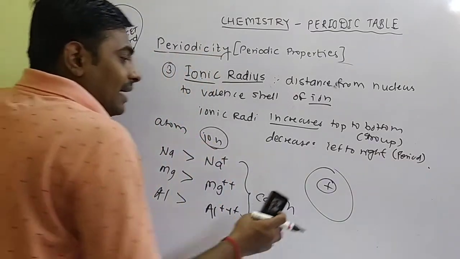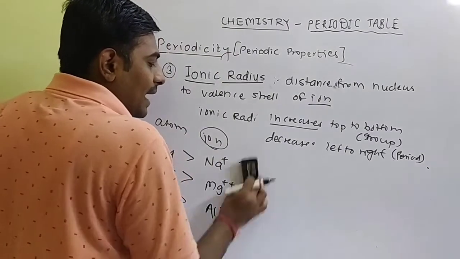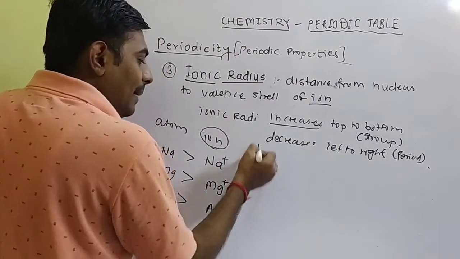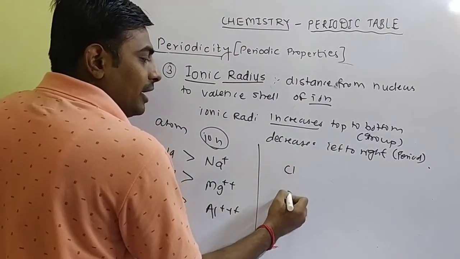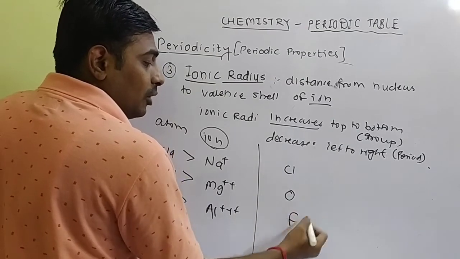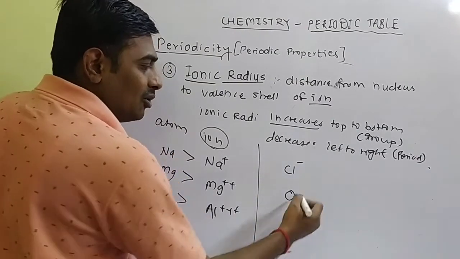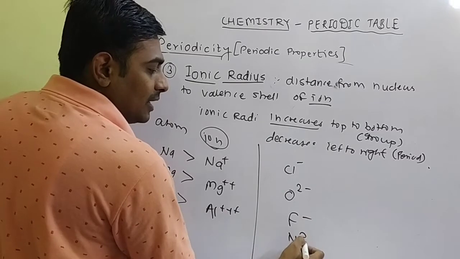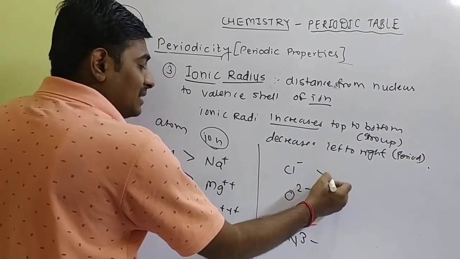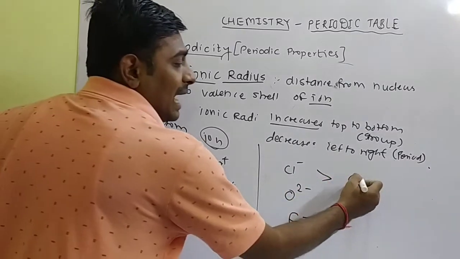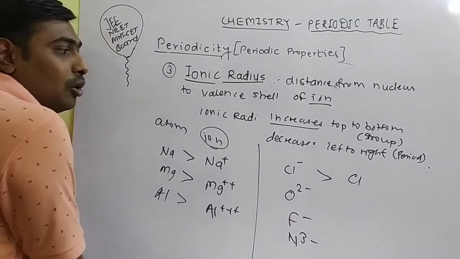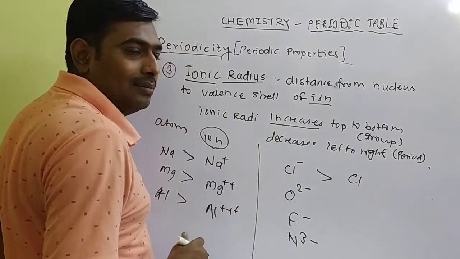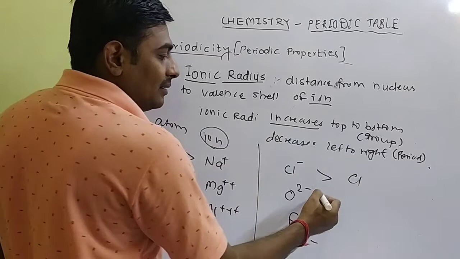And regarding anion species, what will happen? Chlorine, then oxygen, then fluorine contains -1, oxygen contains -2, nitrogen contains -3. An anion is always larger than its atom. Means chlorine atom is smaller than its ion.